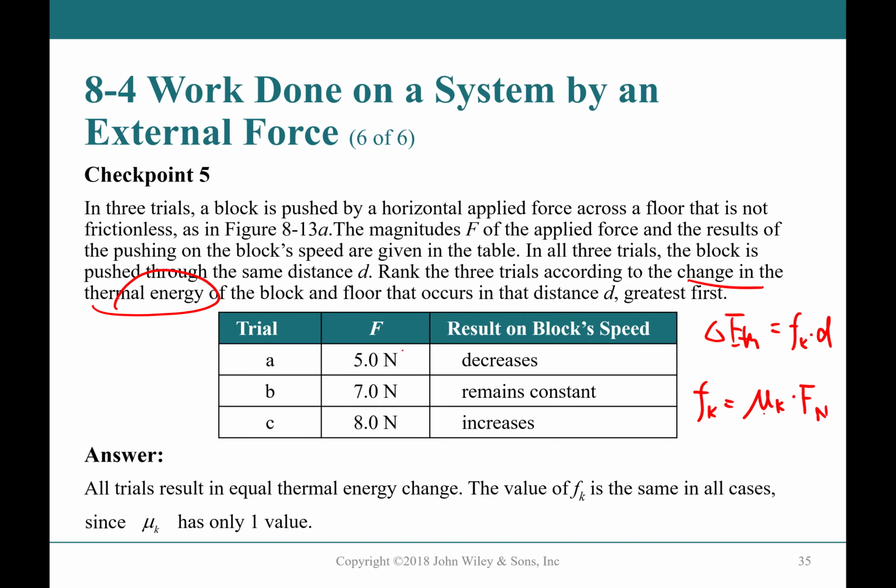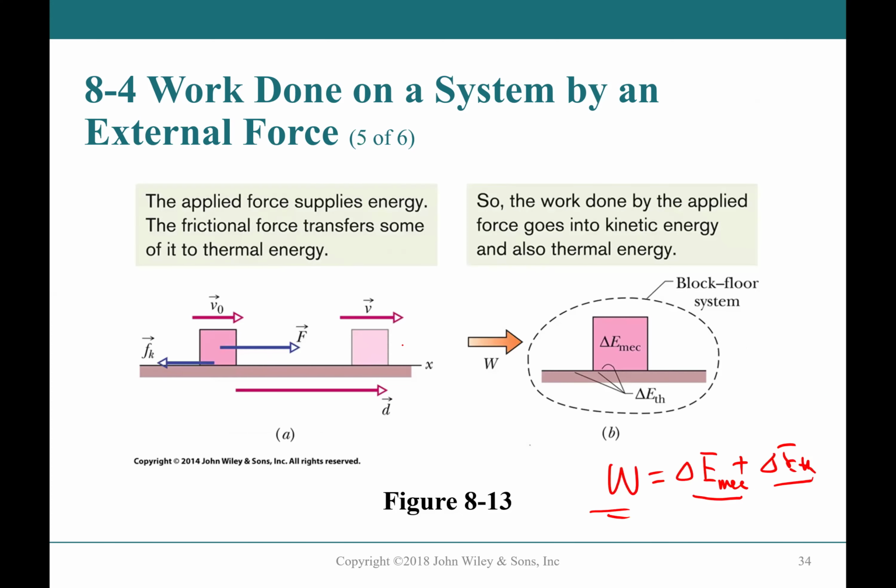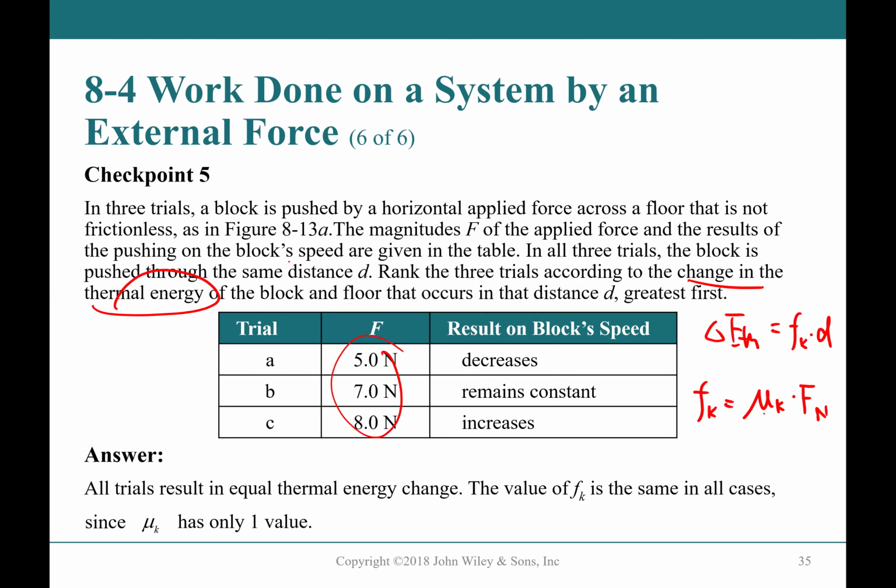So no matter what the applied force is, the applied force is horizontal. Will it change the normal force in the vertical direction? No. So the normal force will be the same, and it's the same block, so our surfaces will be the same, our mu_k will be the same, the coefficient will be the same. So this is the same, d is the same, f_k is the same. So no matter what is happening here and here, the thermal energy part will be the same. So all trials will have the equal thermal energy change.